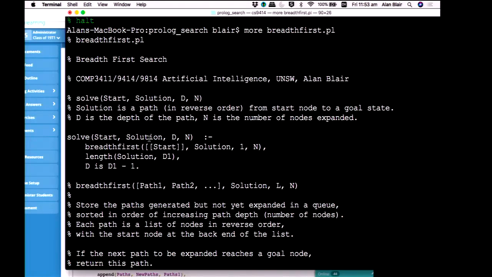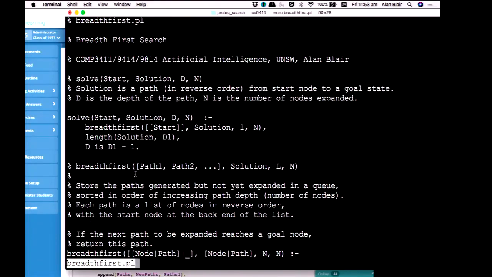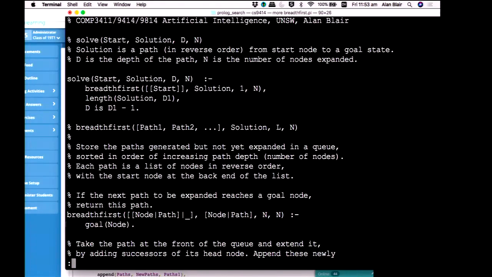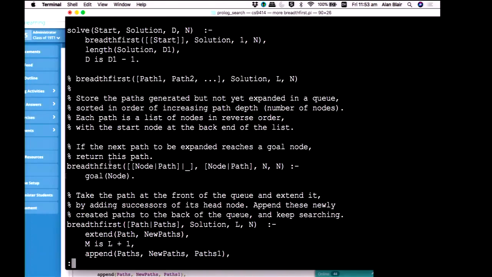I start with just the start node, and I want to find a solution. So this is the base case.